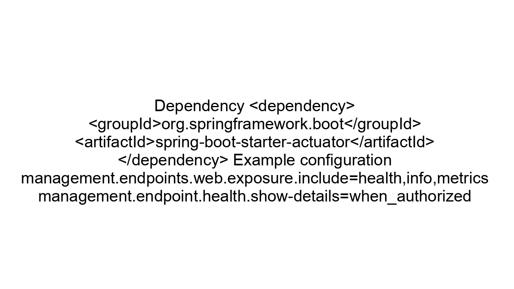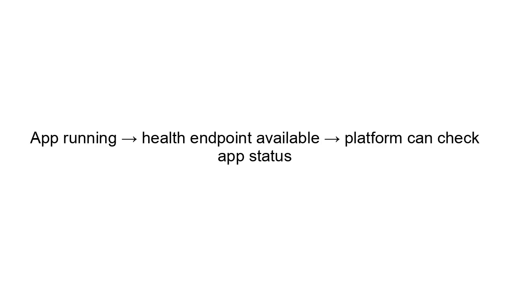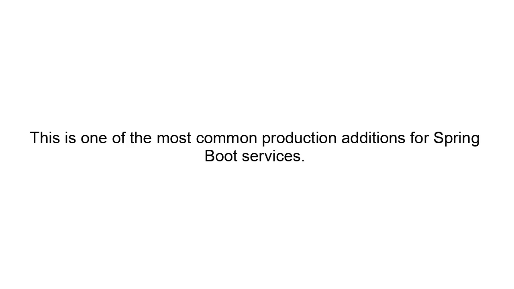Example configuration: management.endpoints.web.exposure.include=health,info,metrics, management.endpoint.health.show-details=when-authorized. Example concept: app running means the health endpoint is available, so the platform can check app status. This is one of the most common production additions for Spring Boot services.